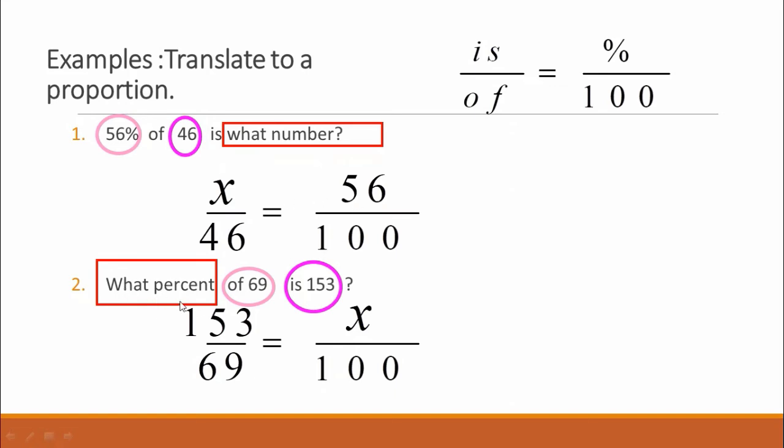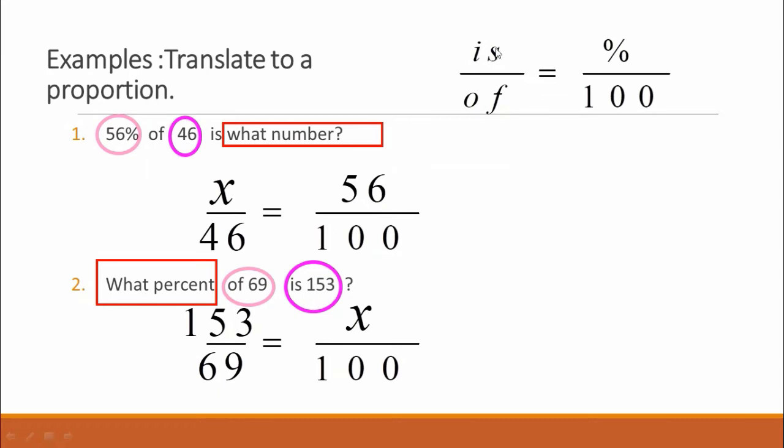Similarly, what percent of 69 is 153? Percent is missing. Percent is unknown. This rectangle box represents the unknown, and the circle boxes represent the two things known. In this example, percent is unknown, of is known, and part is known.